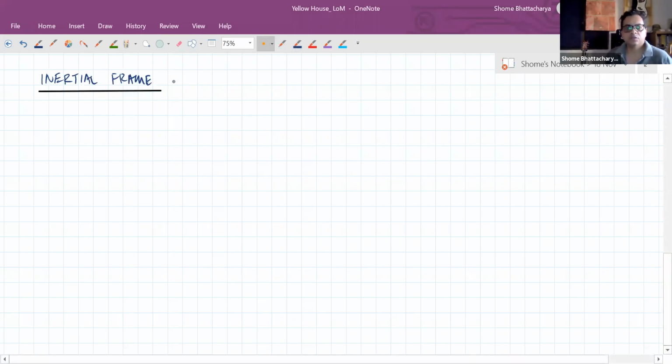It can also be a moving frame, but if it is moving, it should be moving with zero acceleration, only uniform velocity with respect to the ground frame.